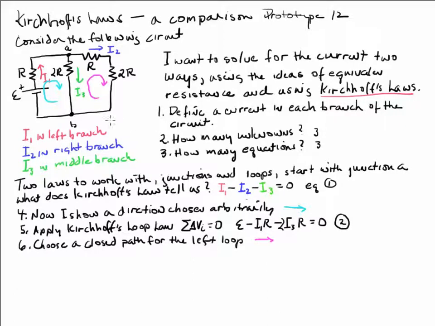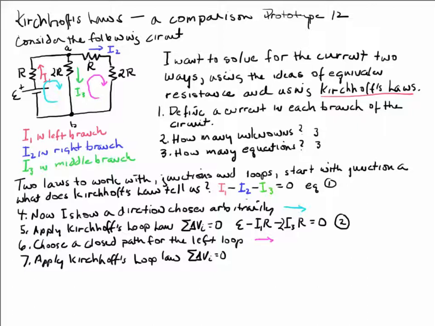And I'm now going to choose to go around that closed path in the clockwise direction. So once again, we want to apply Kirchhoff's loop law and sum up the potential differences. Well, we're going through 2R in the direction opposite the current flow, which means it's a plus I3 2R.